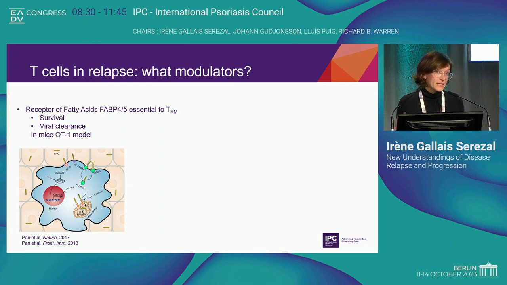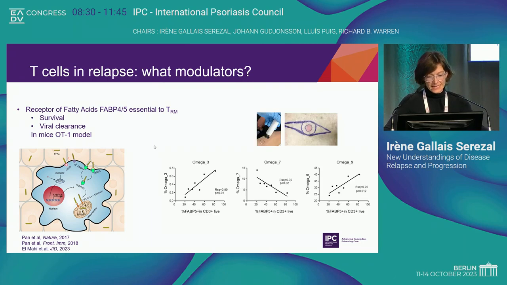I'm talking about psoriasis, so they sound bad, but their primary roles are more like protection from microbes and from cancer cells. So they couldn't work as they should if they didn't have the capacity to take in the fatty acids.